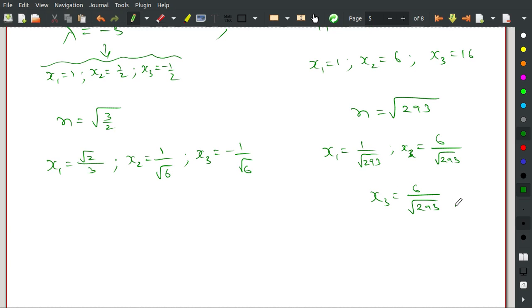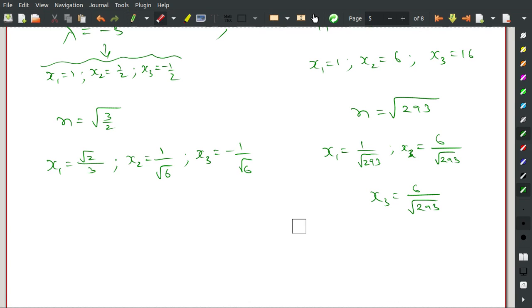So these are the normalized eigenvectors for the eigenvalues lambda equals minus 5 and lambda equals 6, right?